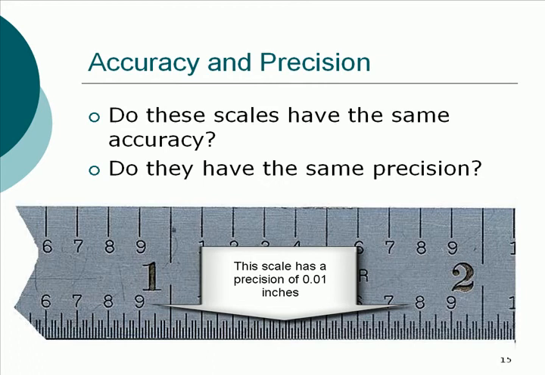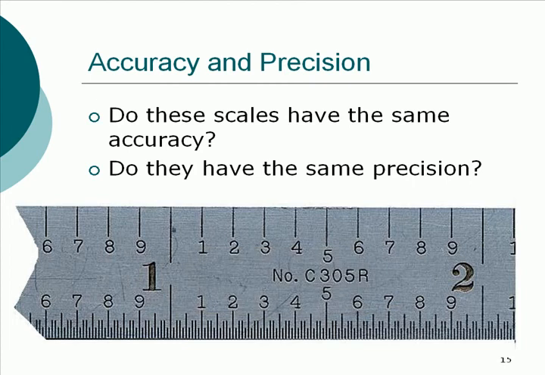The inches are broken into 100 parts each, and so the bottom scale has a precision of 1/100th of an inch. Both scales are broken, though. So to answer the first question, do they have the same accuracy? Yes. Neither of the scales are very accurate since the scale is broken. Do they have the same precision? No. The bottom scale is more precise. It measures to the 100th, whereas the top scale measures only to the nearest tenth.